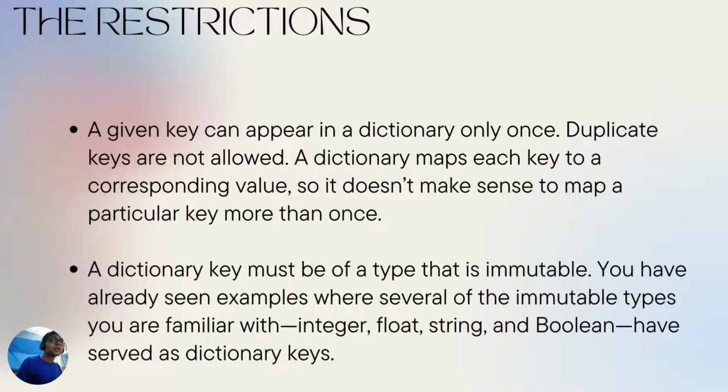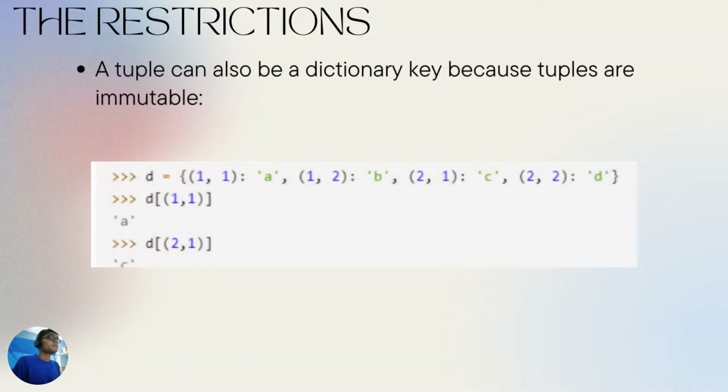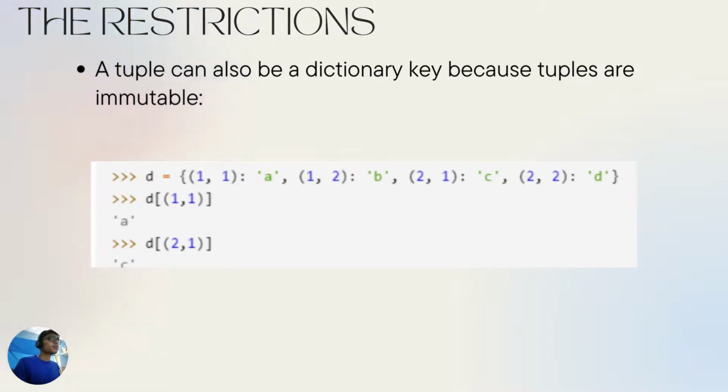They cannot be mutable. That's why we can only use data structures or data containers which are immutable in nature. Well, you have already seen this happen. A tuple can also be a dictionary key because tuples are immutable. Yes, true.